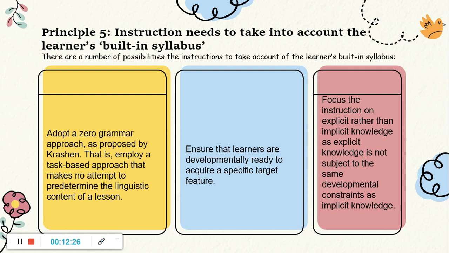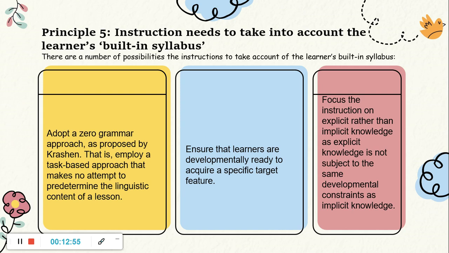Second, ensure that learners are developmentally ready to acquire a specific target feature. At this point, the teacher has no way of determining student achievement. Therefore, teachers need to take an individual approach to their students to find out the progress that has been successfully achieved by the students.